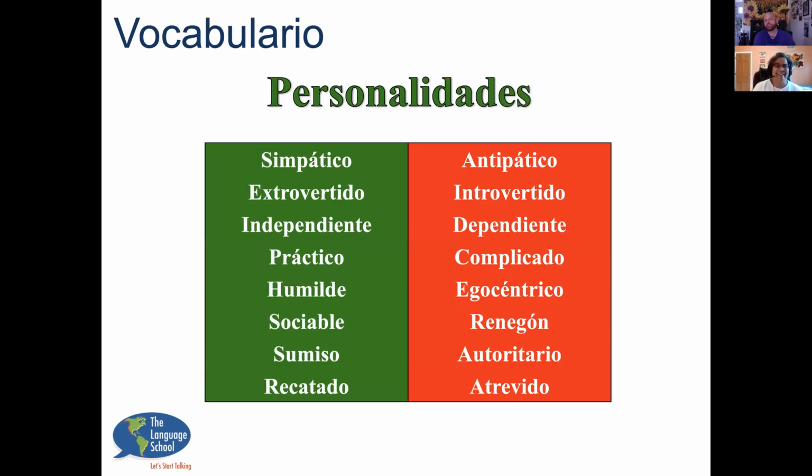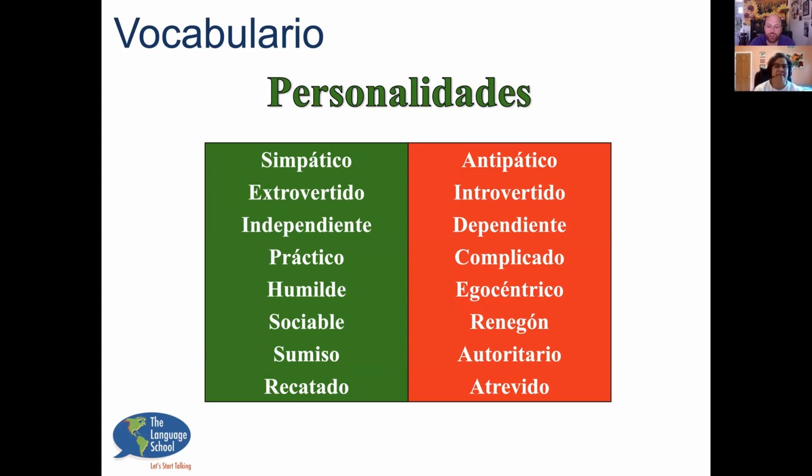All right, we've got some new personalities. These might be new for you. So nice and then mean: simpático or antipático. Outgoing or introverted: extrovertido, introvertido. Independiente or dependiente should be obvious. Práctico or complicado. That's like saying someone that's practical versus someone that's complicated. Humilde is humble. Egocéntrico then would be conceited.